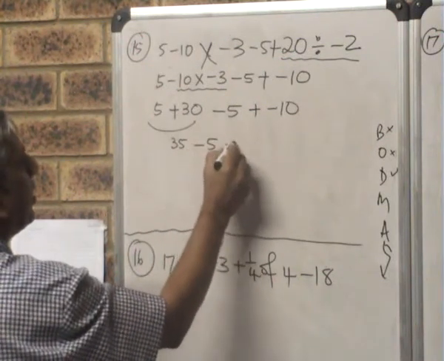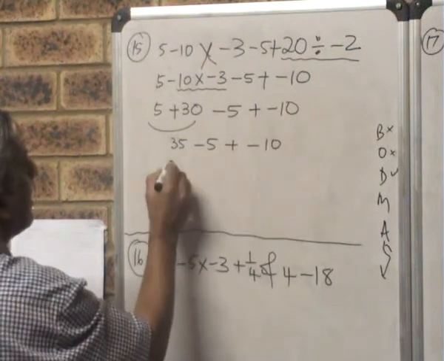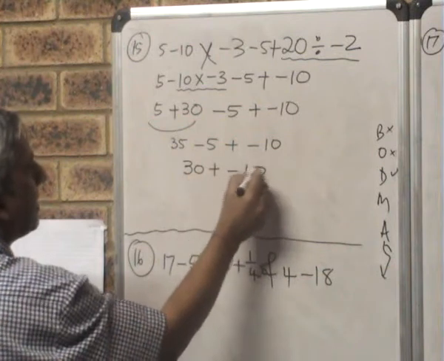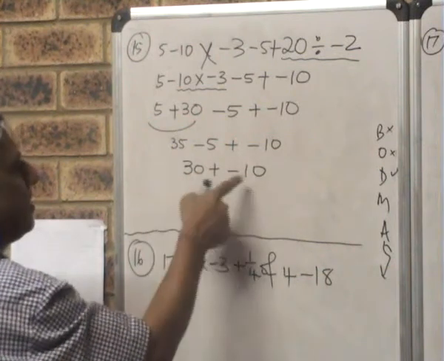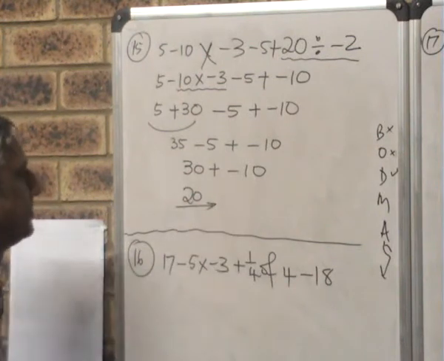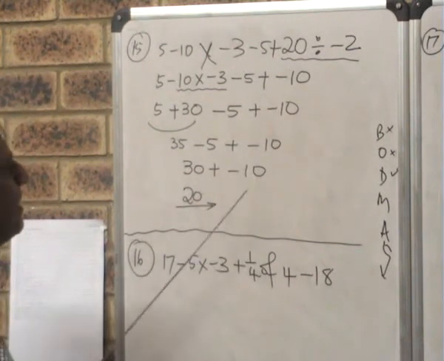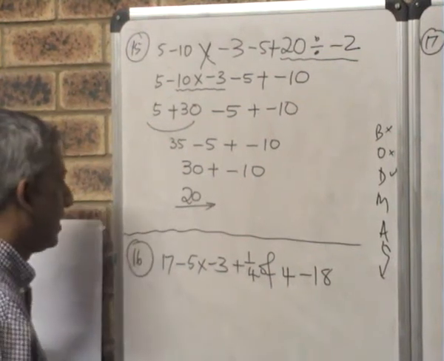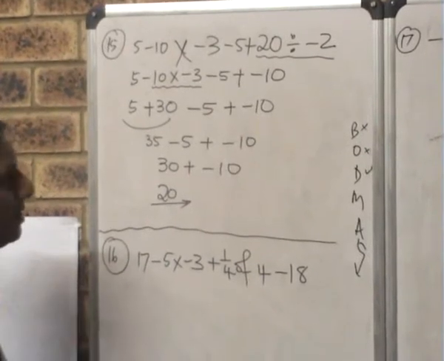Minus 5 plus that minus 10. So this is 35 minus 5 will give you 30, plus minus 10. You have 30 and you're owing 10, therefore you'll end up having 20. Or simply 30 minus 10 giving you 20. Right, that's number 15.